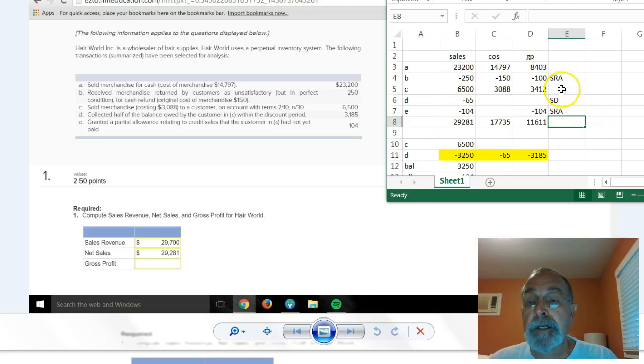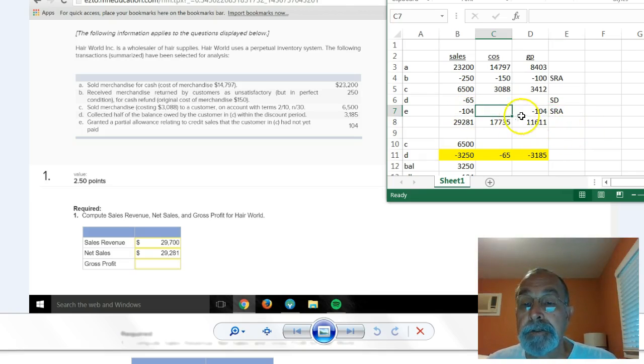However, again, just as we did for the 250 sale return, we show it as a sale return and allowance, but again as a reduction in the sales column with no effect on cost of sales and hence no effect on gross profit. I'm sorry, there is an effect on gross profit, which is equal to the amount of the allowance given.